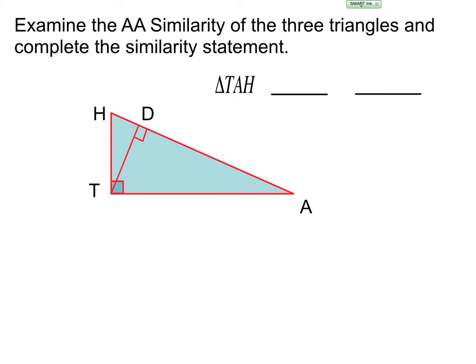Mark the angle A that is shared by the big triangle and the medium triangle. Mark the angle H that is shared by the big triangle and the little triangle. All the triangles are similar, so if you've got 2 angles marked, you can figure out what the third one should be marked when you compare pictures.